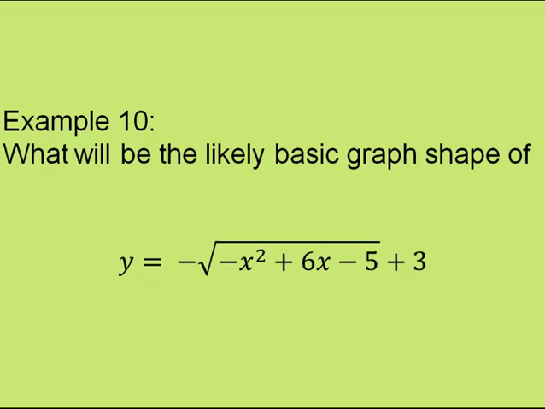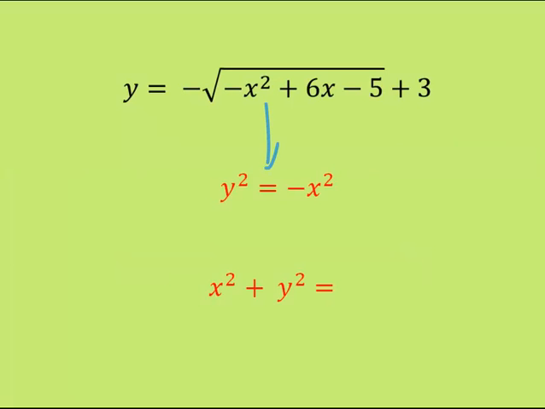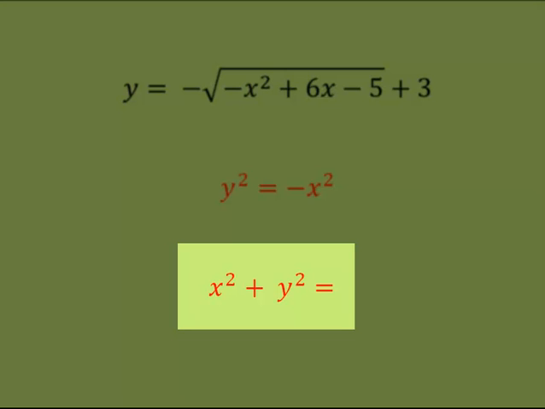There's also a negative sign in front of the square root, so it's going to be a lower half conic section here. Otherwise, proceed, ignoring the plus 3, and square both sides. Just concern yourself with the x squared and y squared terms. Move the x squared term to be on the y squared term side. This would have equal coefficients, reminding you of a circle.